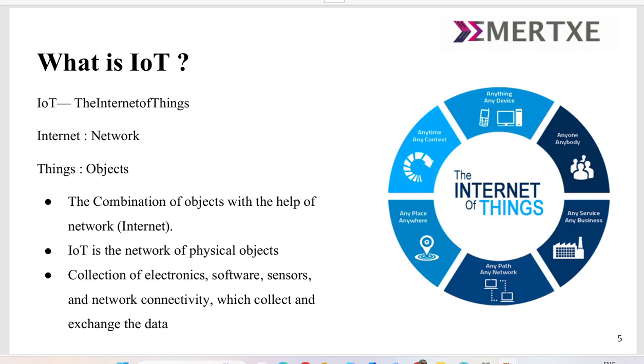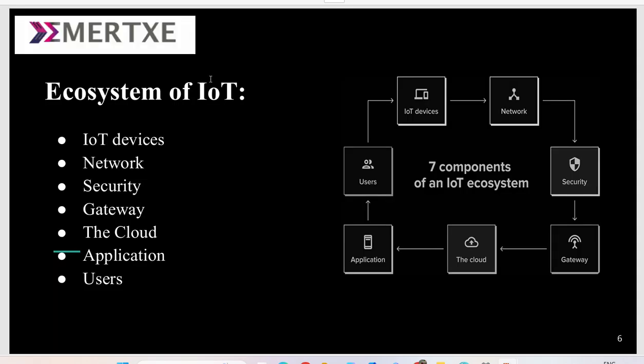In my internship, the ecosystem of IoT means what devices, what networks, which type of security, what type of gateway, cloud storage, applications and users I used. An IoT system consists of multiple common components.